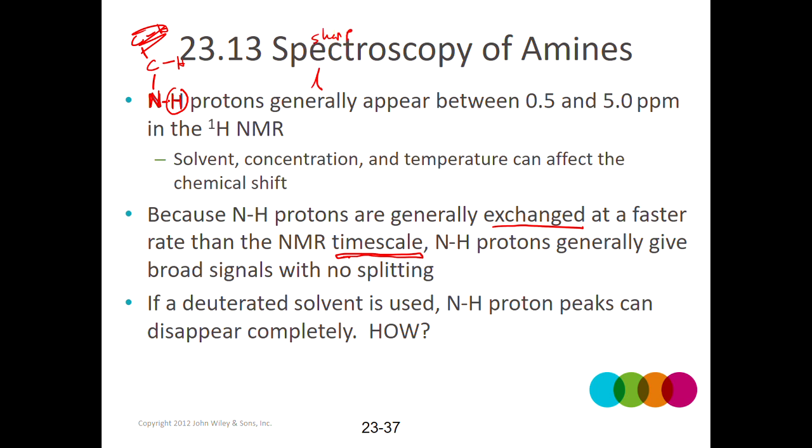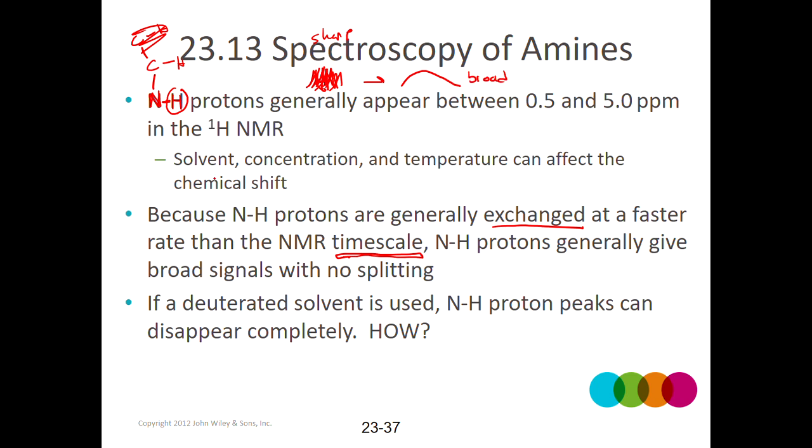But that's not really the case, because for any given moment in time, there's going to be protons that are gone, and they're coming back in. Since they're being constantly exchanged, what we see in the NMR is really an average signal for all those protons. Some of the ones that are nice and strongly attached will give a certain signal. If the bond starts to stretch as it starts to break, we'll get another signal. So really I'll have all these sharp signals right next to one another, and they actually end up producing a broad signal.